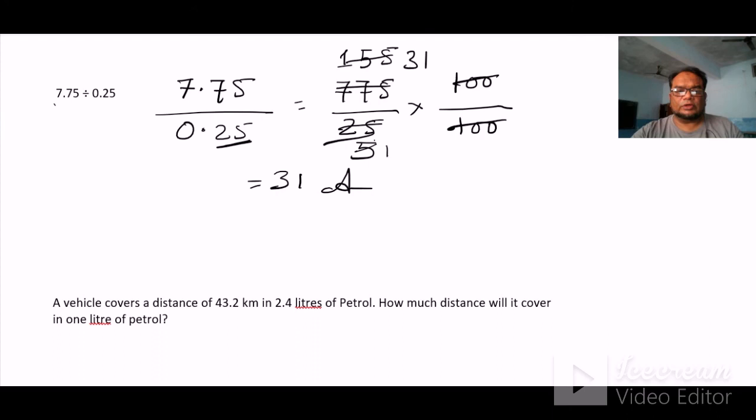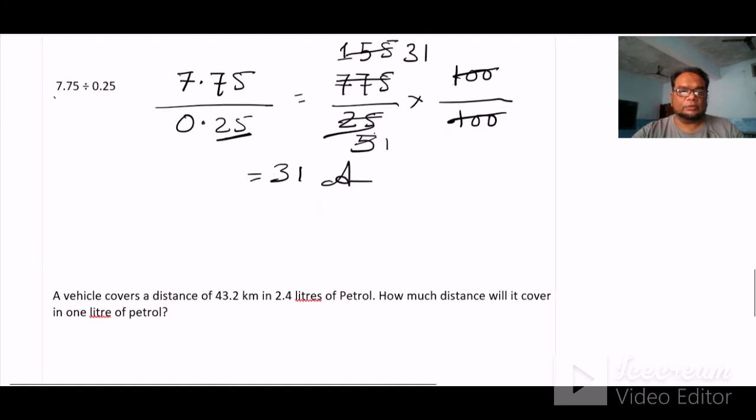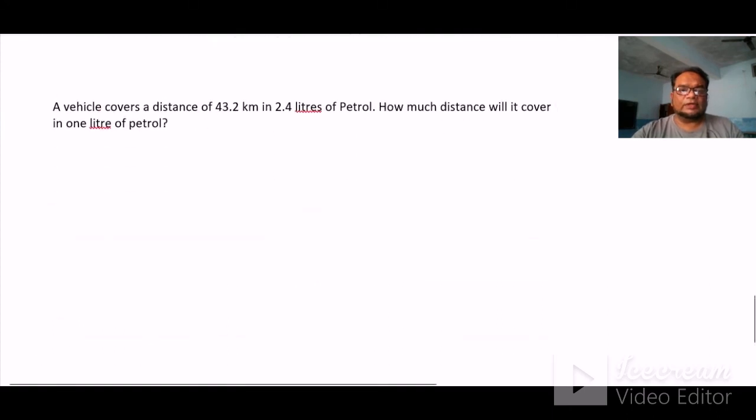So let's move towards the next question. A vehicle covers a distance of 43.2 km in 2.4 liters. So how much distance will it cover in 1 liter of petrol? Since it asks about petrol, we can take petrol first.